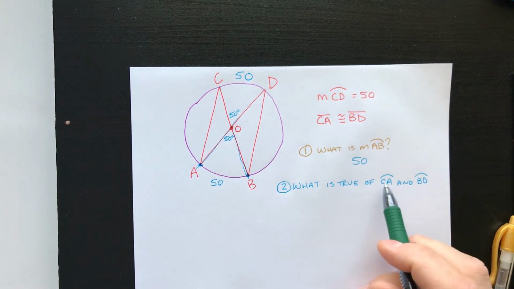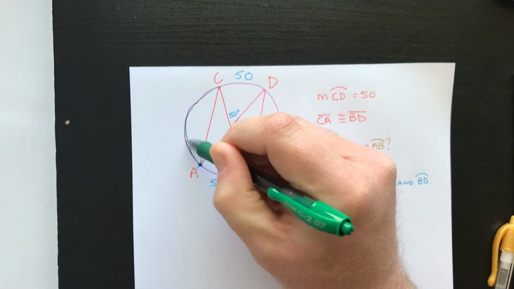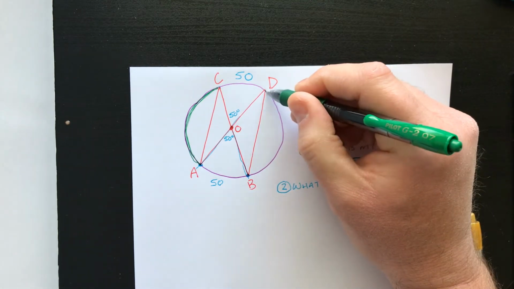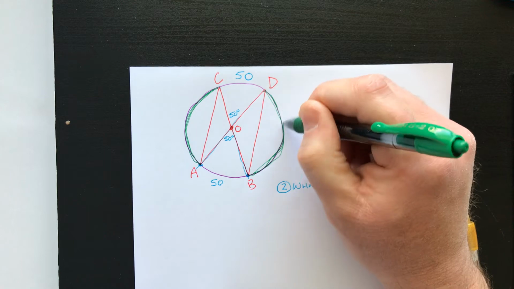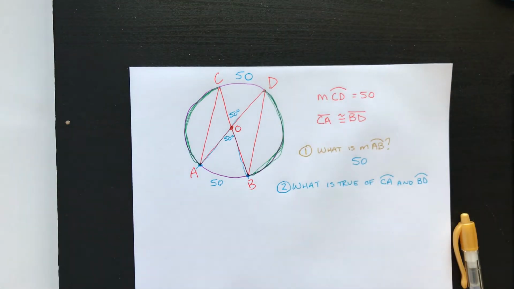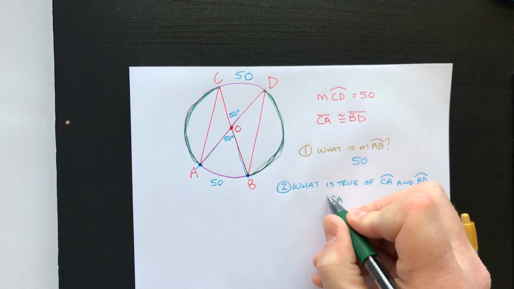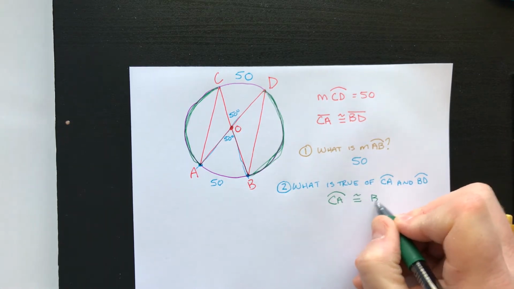They're only named with two letters. So it's this arc and this arc, those green arcs, what we know is they are congruent. Arc CA is congruent to arc BD.